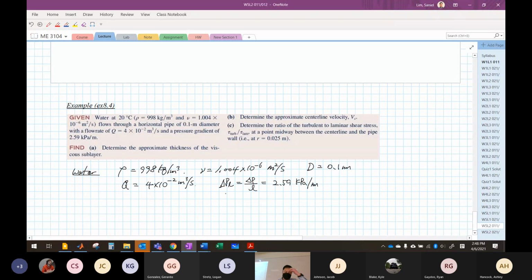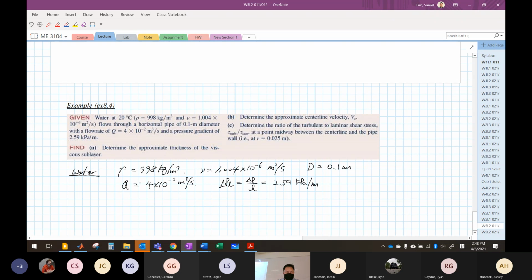Okay, so the problem solving is not a big deal at this point. You are just trying to find those values that are available in real applications. All right, density: if I set the working fluid as water, you know the density. You know the viscosity. It's all pretty much given based on the temperature and the pressure. Diameter, you can measure it. Flow rate, can you measure the flow rate?